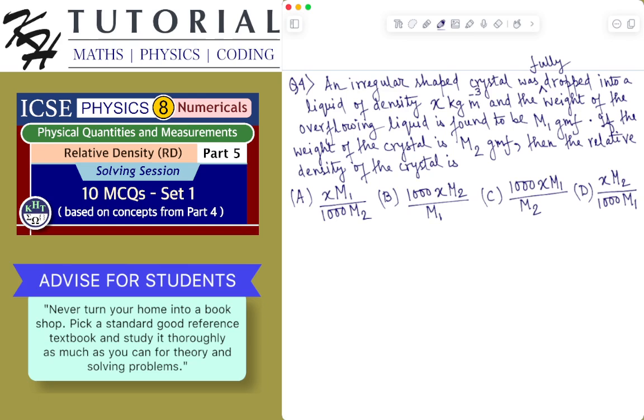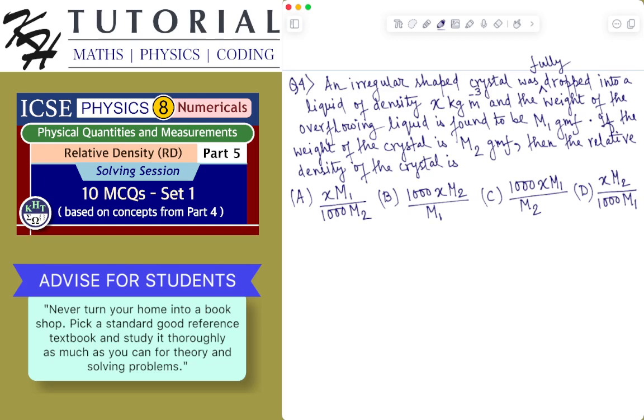Now, the volume of the overflowing liquid will be equal to the volume of the crystal, because the crystal is fully immersed into the liquid. So the volume of the liquid that will be displaced or overflow will be equal to the volume of the crystal.